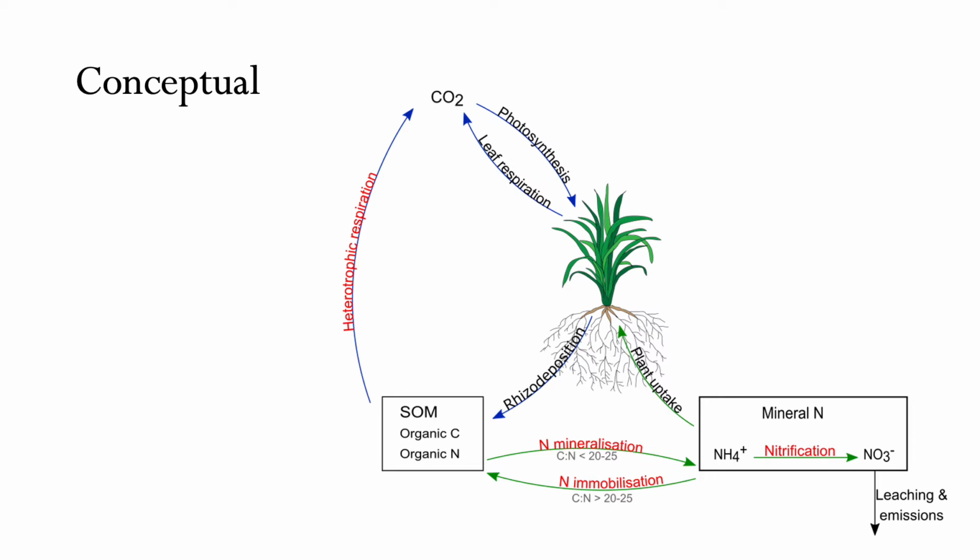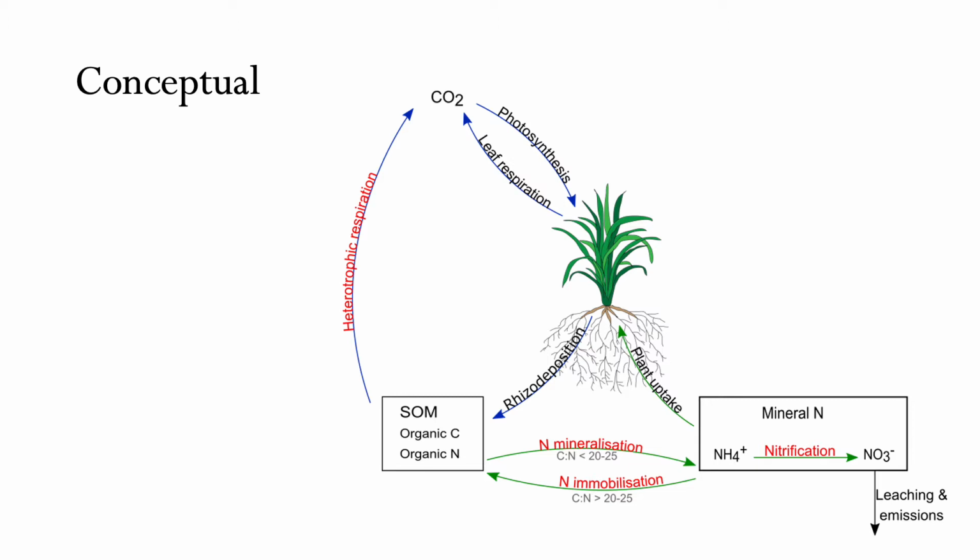The plant respires some carbon, but that's of minor importance here. The majority of the assimilated carbon goes into biomass generation of the plant and is released through the roots into the soil. This is what we call rhizodeposition, a term you should remember because I will use it probably 500 times throughout this talk.